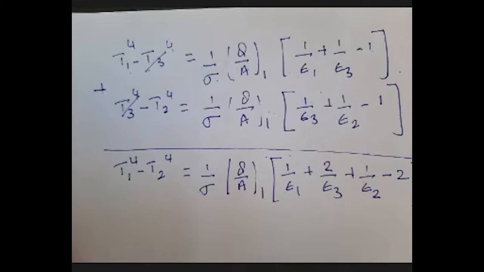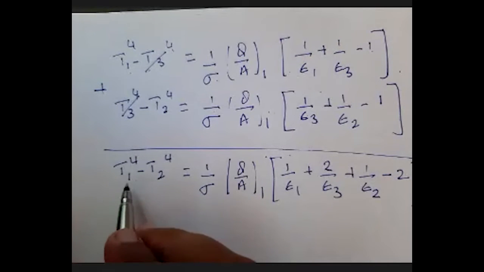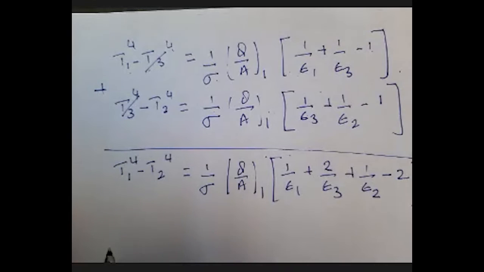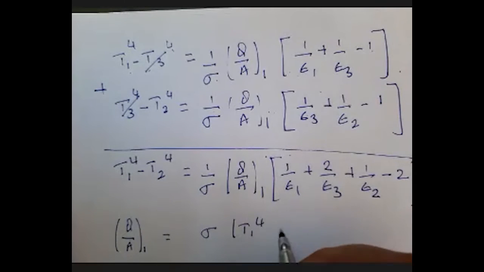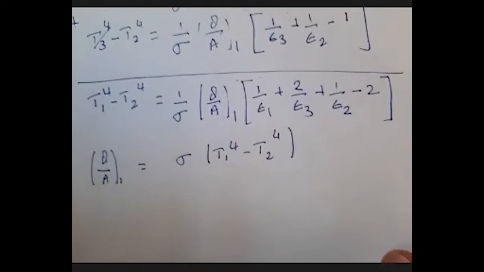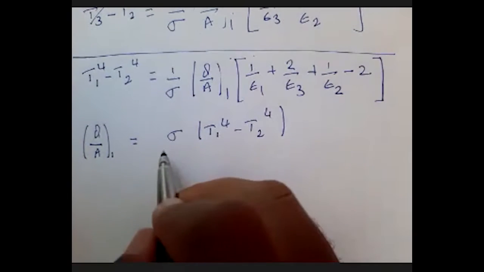So again, when I keep my heat transfer rate per unit area on the other side, where I have already eliminated T3 now, I take it as Q by A. Q by A of 1 is equal to sigma into T1 raised to 4 minus T2 raised to 4, divided by the square bracket, whatever I have.